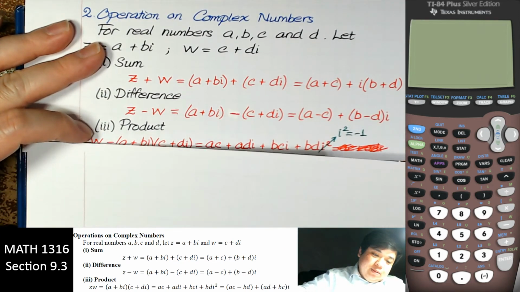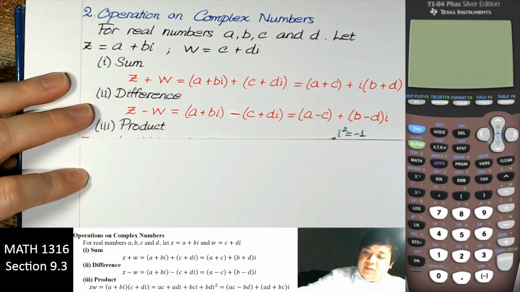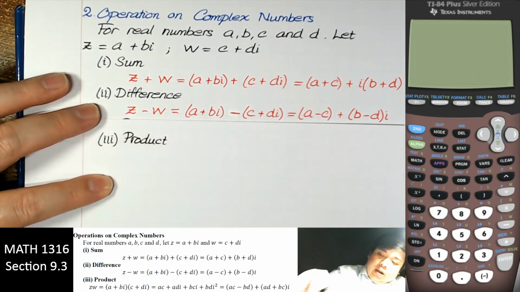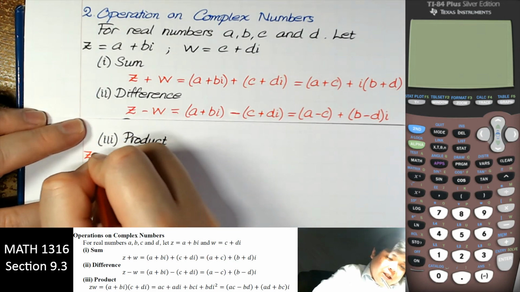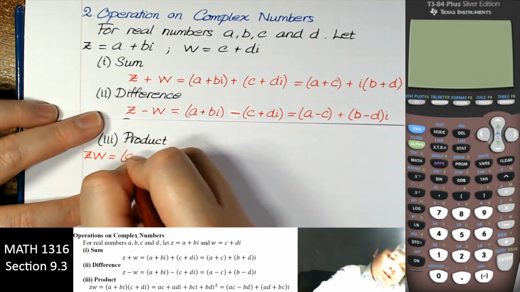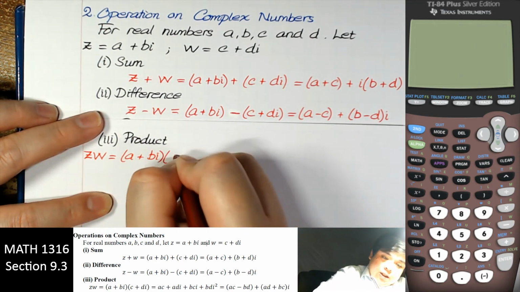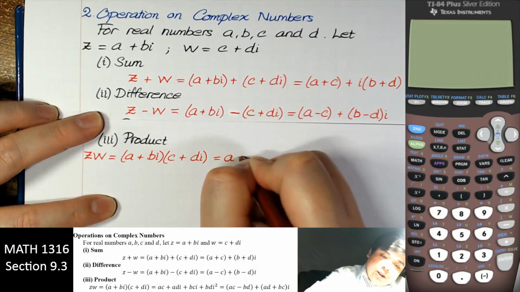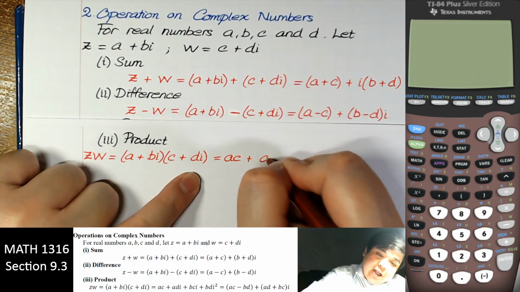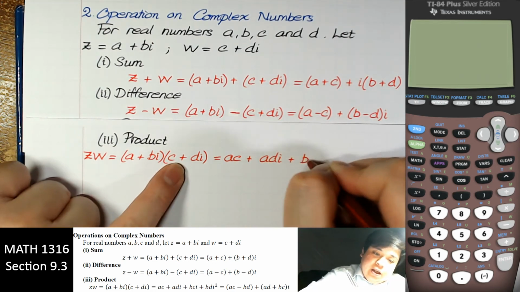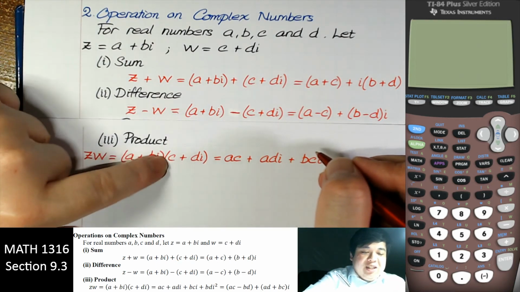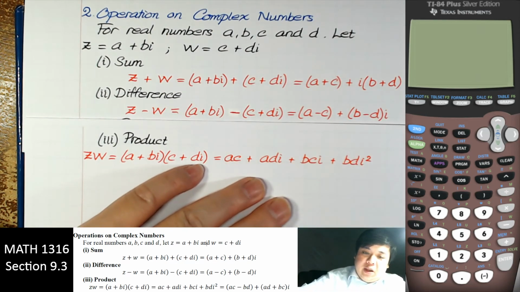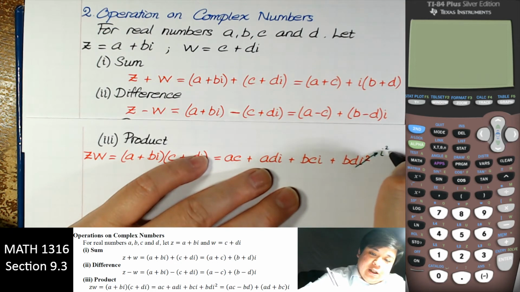Anyway, let me write this again. Product, z times w: a plus bi, c plus di. ac plus adi, bci, just like alphabetical order, bc and then i, and then bdi squared. i squared is -1.